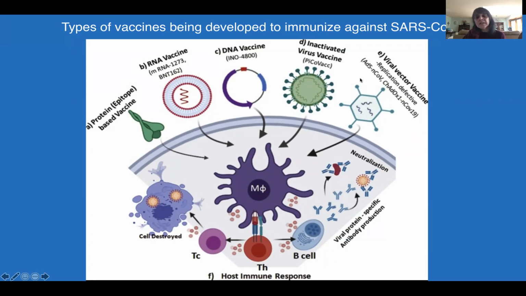Viral vector vaccines, especially the adenovirus vectors, have been around for the development of cancer vaccines for probably about 20 years. They have a very troubled history. But I think we've learned from the mistakes that happened early on in the development of these vaccines.